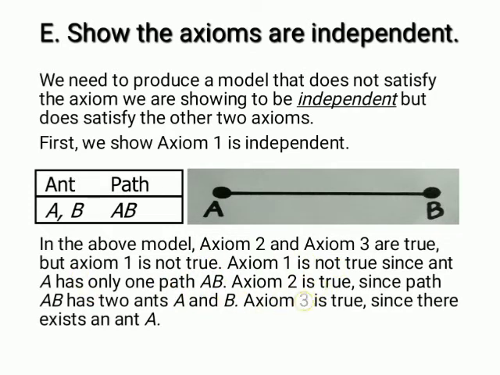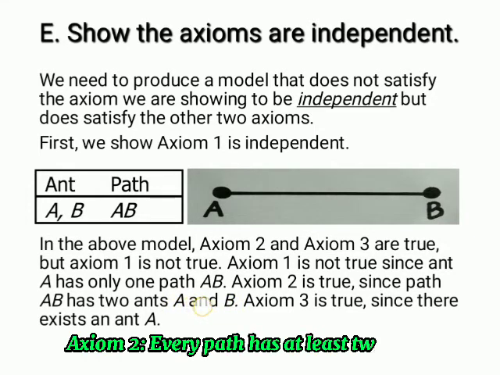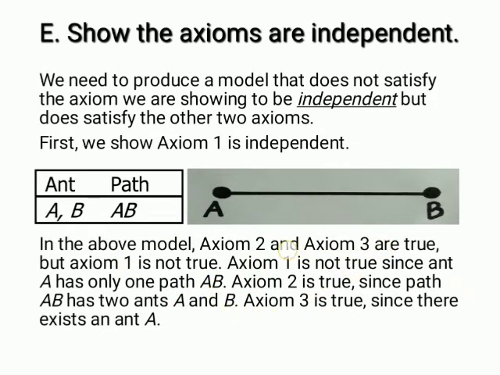Next, axiom 2 is true since path AB has 2 ants, A and B. So, di ba yung nakasaad kanina sa axiom 2, every path has at least 2 ants. So, here in our model, we have 2 ants, A and B. So, nasatisfy din natin yung axiom 2.